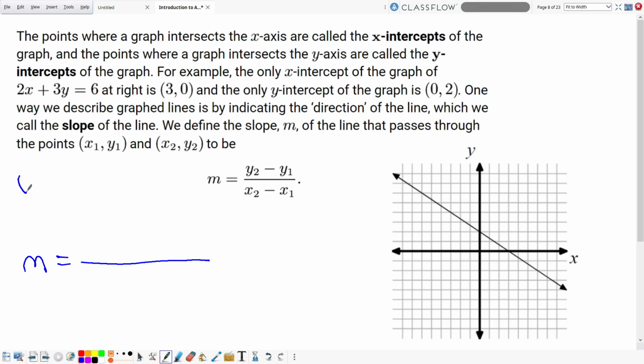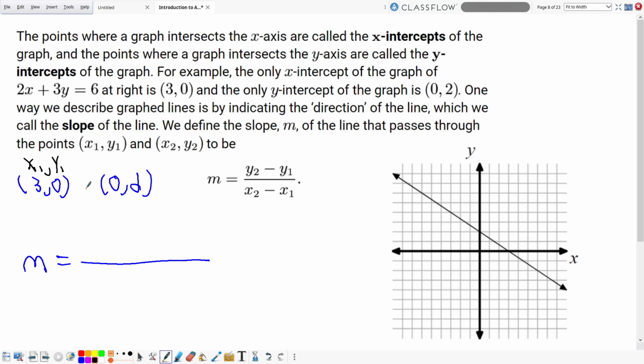Our 2 intercepts were 3, 0 for the x-intercept and 0, 2 for the y-intercept. And it doesn't really matter which one I call x1 and x2. Just keep it consistent. What I mean by that is, if this is my x1, then the coordinate next to it would have to be my y1.